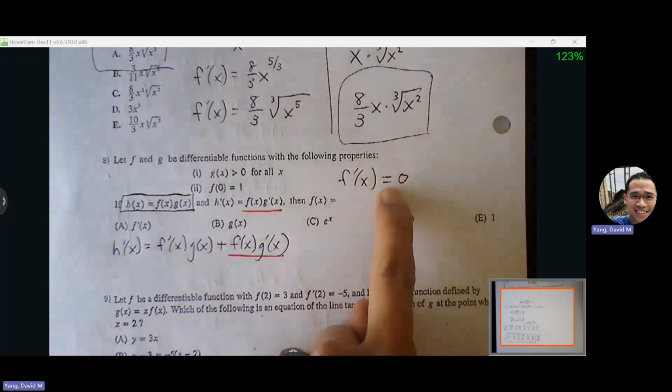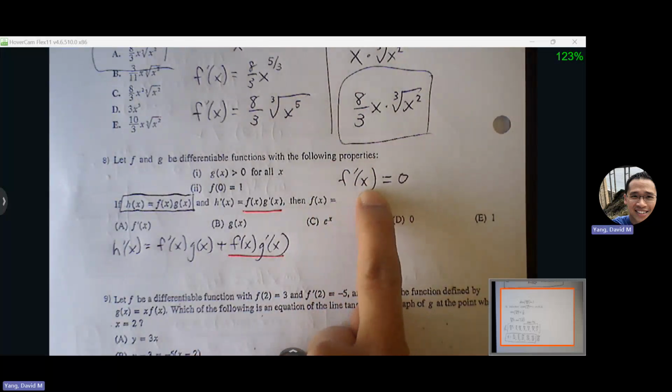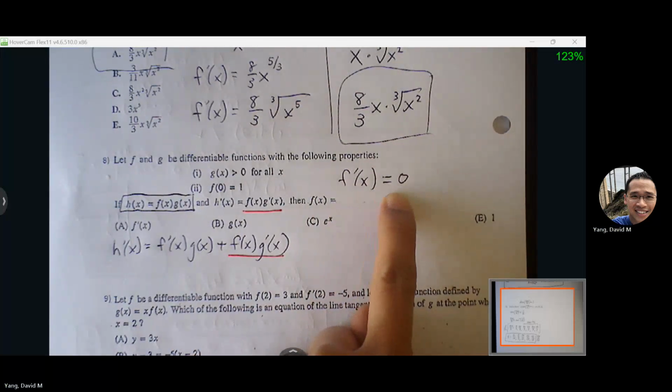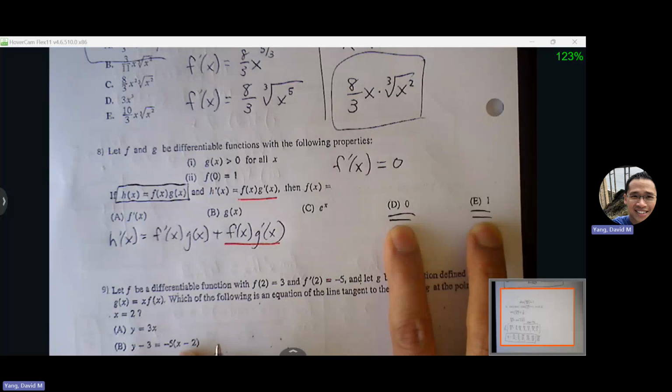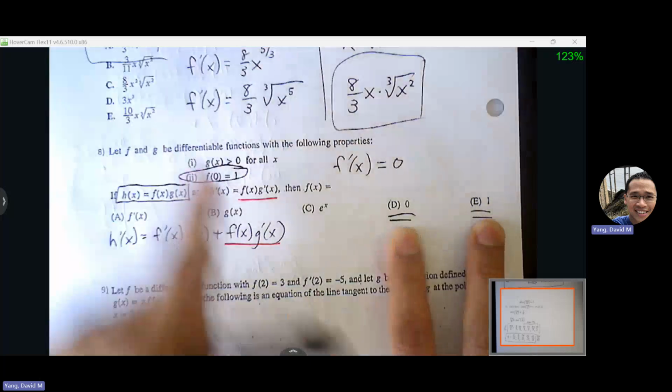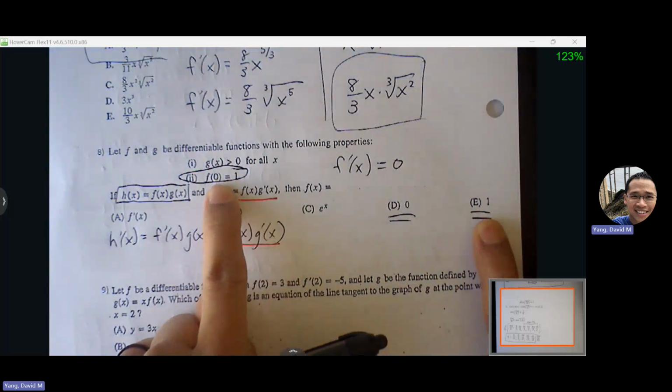So if f prime of x equals 0, that means f of x must be a what? Must be a constant. There's two constants here, 0 and 1. So which one would this be? Because they tell us f of 0 equals 1, so we're able to make that connection.